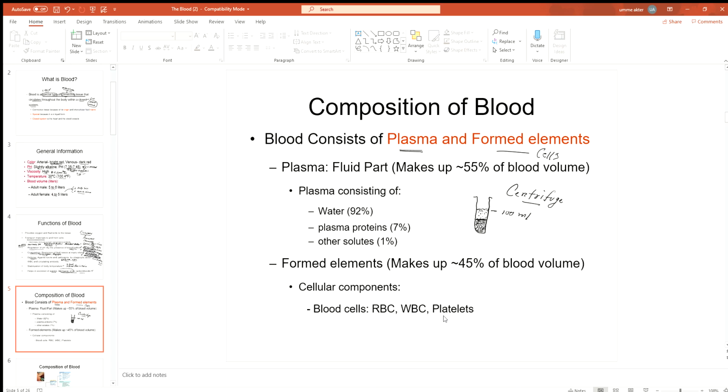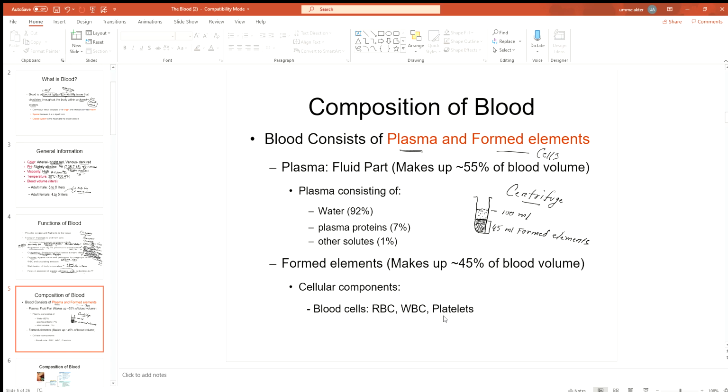And now if you measure this volume of the blood cells, it is about 45 milliliter. That means 45%, because total volume is 100, so 45 milliliter is formed elements, that means blood cells.